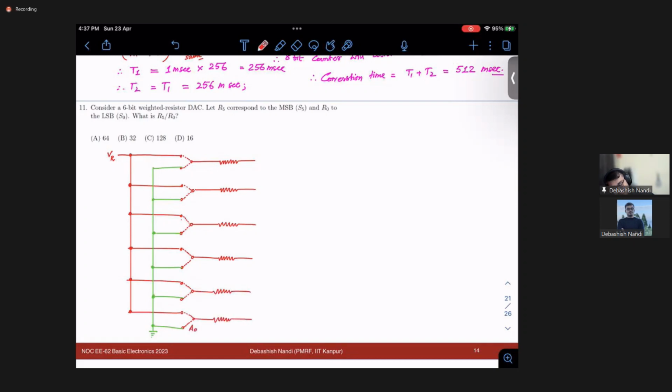This is, let's say, A0, A1, A2, A3, A4, A5. Okay, and these all are connected, and this is fed to an inverting amplifier.